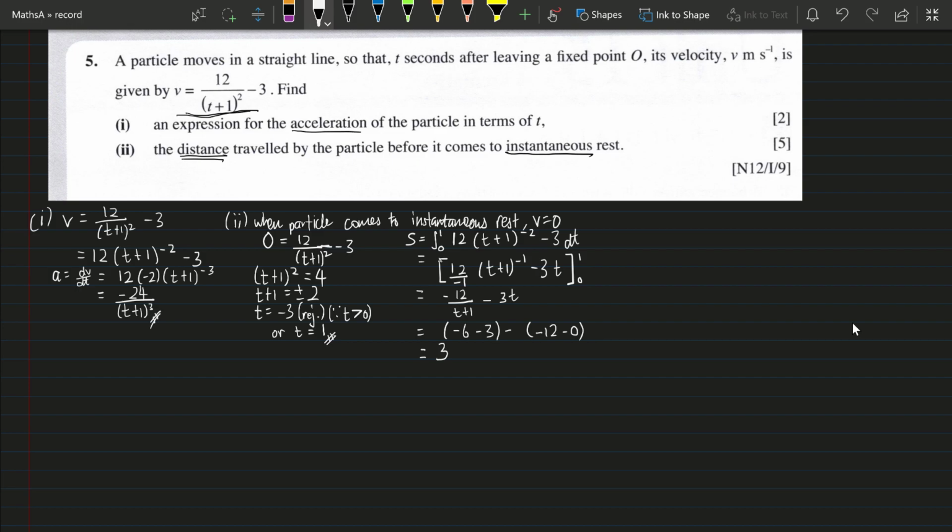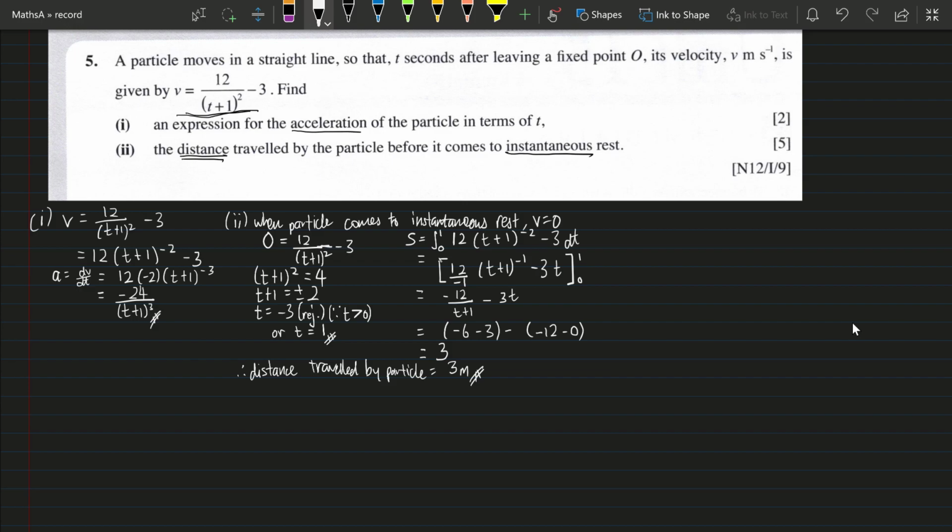Okay. So remember your concluding statement. Therefore, distance traveled by particle equals 3 meters. Okay? Over here, I just want to reiterate this point.